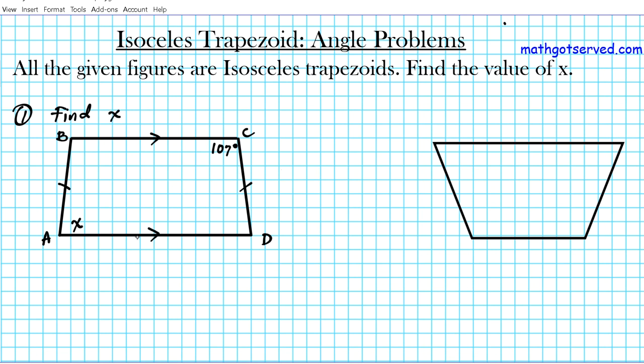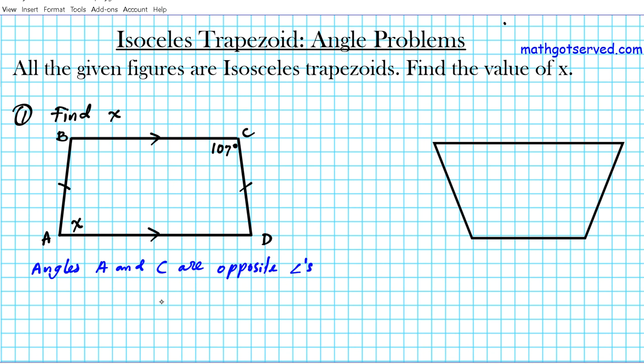First of all, let's describe the relationship between angle A and C. The angles that we're given and the one that we're finding, angles A and C, are opposite angles. So what do we know about opposite angles of an isosceles trapezoid?